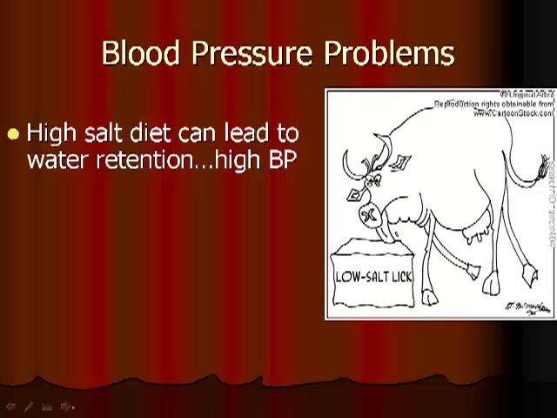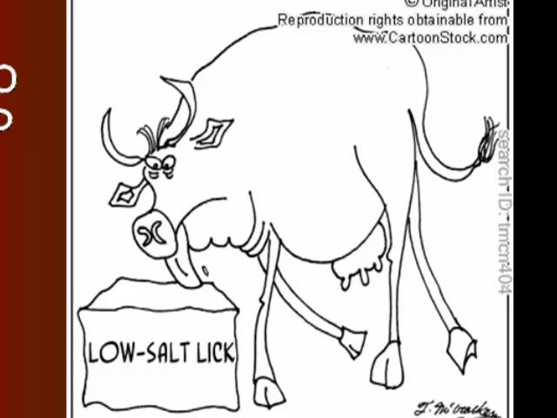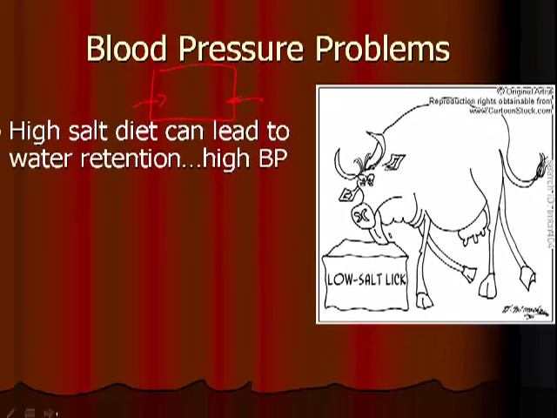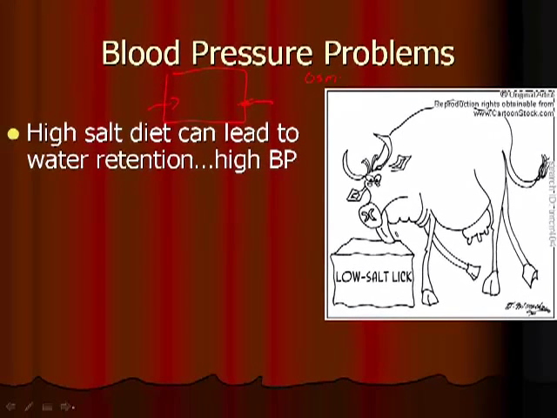Okay, finishing off here. Other things that can cause high blood pressure, we're going to see this a lot in the excretion unit, and it's a high salt diet. So if we have salt, what that does is, as we know because of osmosis and diffusion, is that water wants to go to areas of high concentrated solute. So water wants to go to high solute concentration.